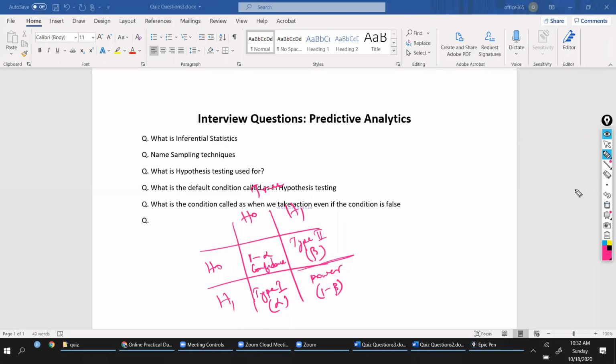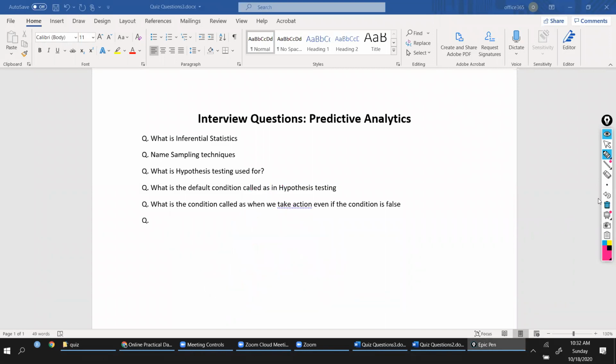This is something that you have to embed into your brains. So I'll ask a question here. What is type 2 condition? Explain type 2 condition. You should be able to explain. Yeah, what is type 2 condition?